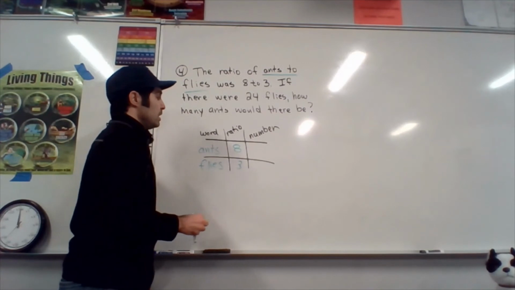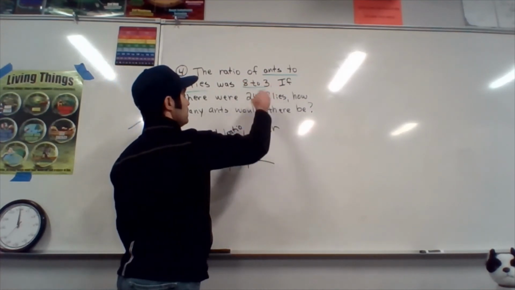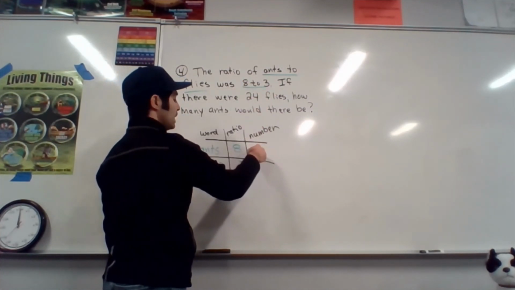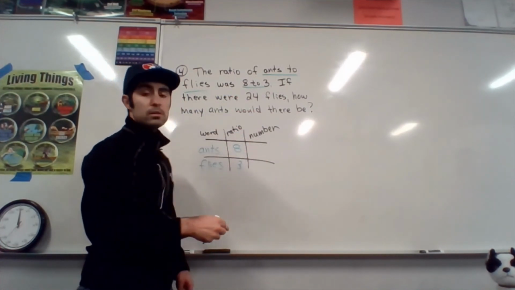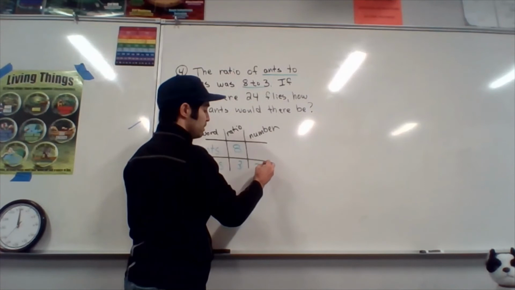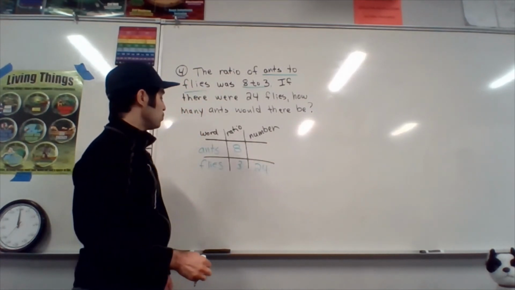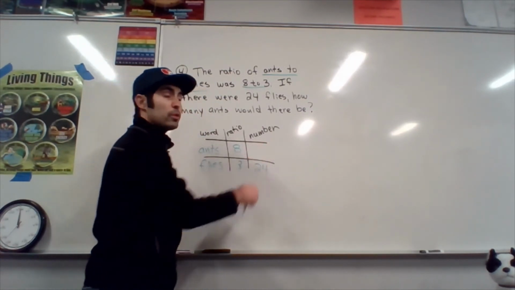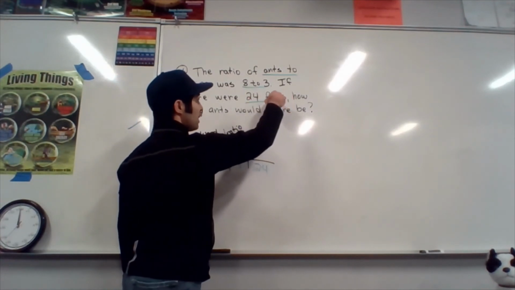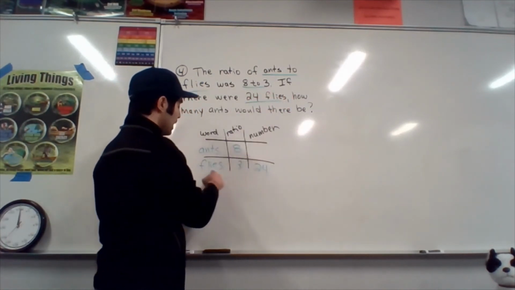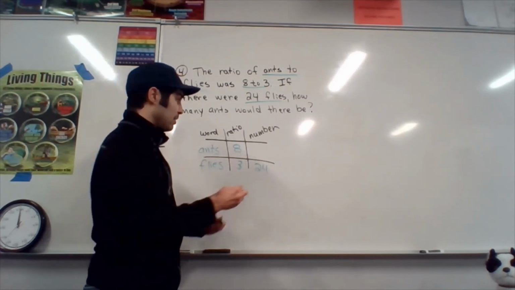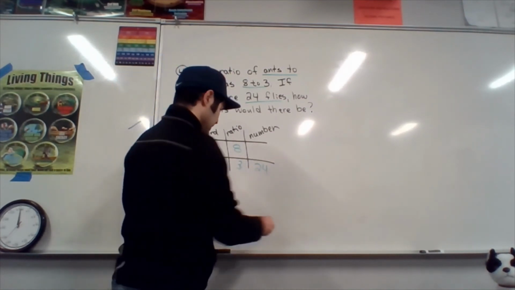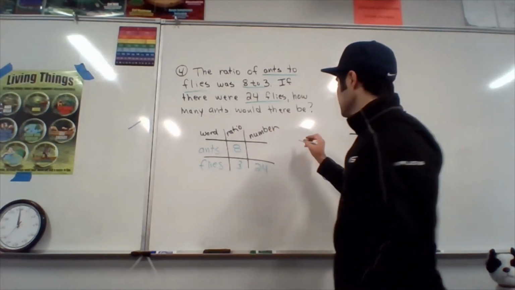Okay? Now, our number is 24. Where does 24 go? Top or bottom? Well, it says 24 flies. Oh, so the 24 is going to go on bottom. If it had said 24 ants, then the 24 would go on top. But since it says 24 flies, 24 is associated with flies, so it goes on bottom because that's the fly row.